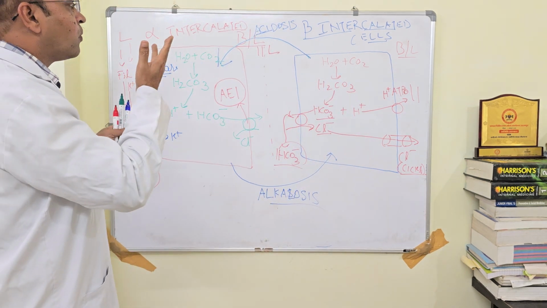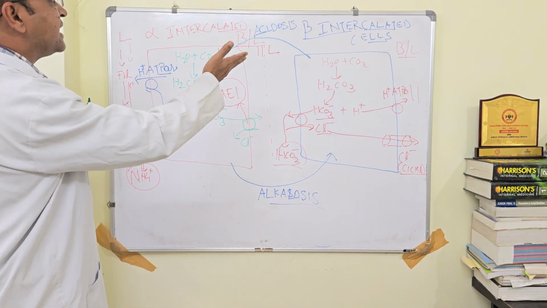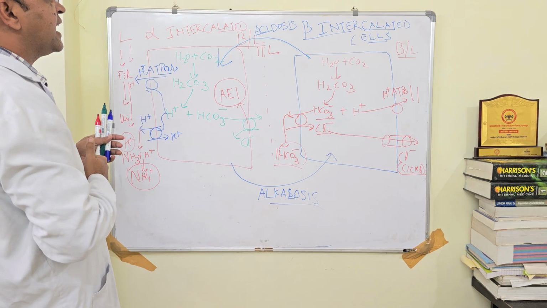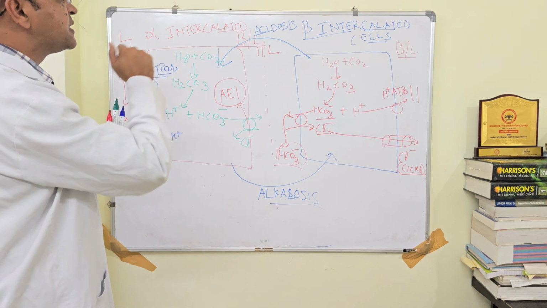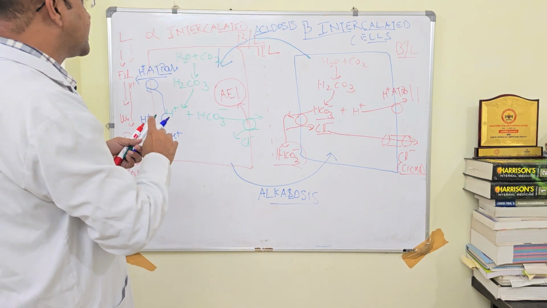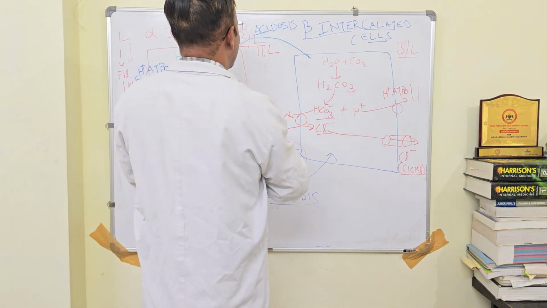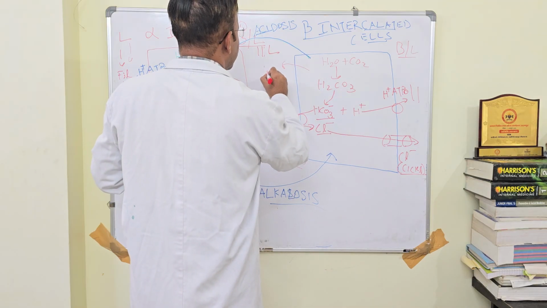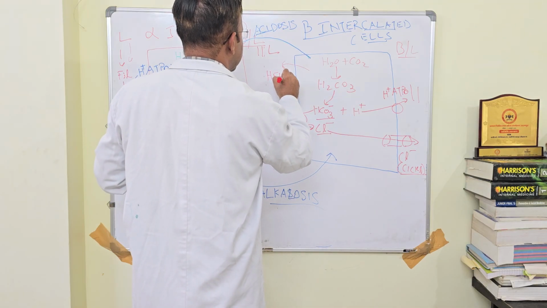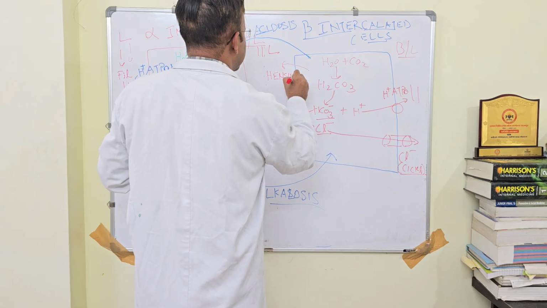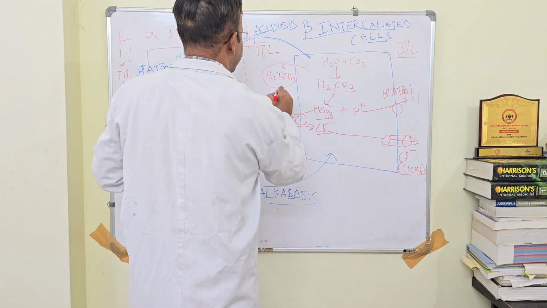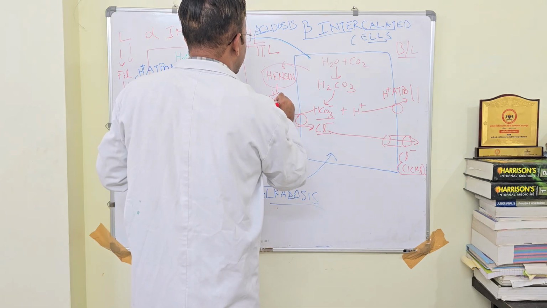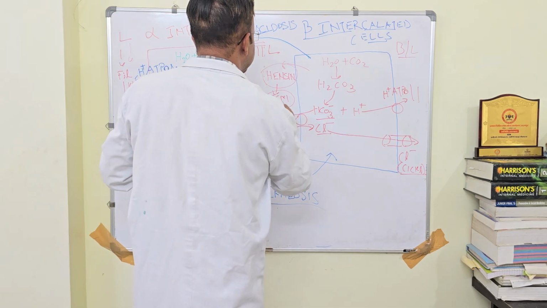Now, what is the mechanism? How exactly do the beta intercalated cells get converted to alpha intercalated cells? Now, these beta intercalated cells secrete a protein which we call Hensin, and this Hensin gets deposited in the extracellular matrix, I am writing the short form ECM.